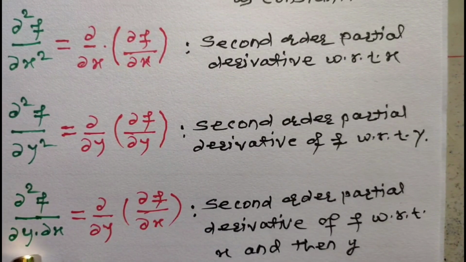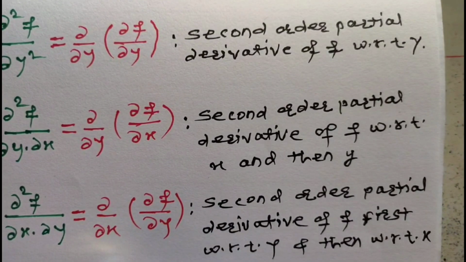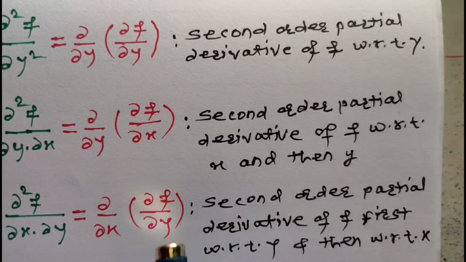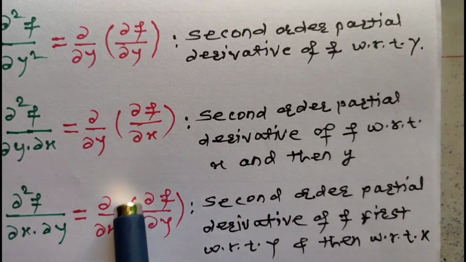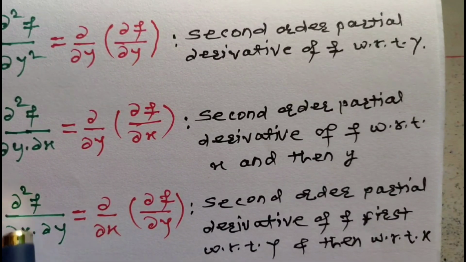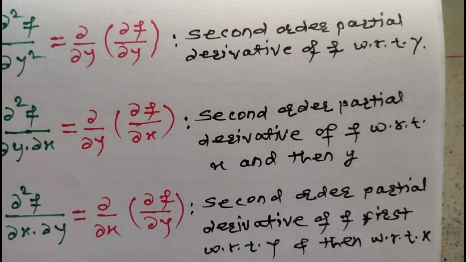That gives dou 2f by dou y dou x, the second order partial derivative of f with respect to x and then with respect to y. And the next one is dou 2f by dou x dou y. First find the partial derivative of f with respect to y and then partially differentiate dou f by dou y with respect to x. That gives dou 2f by dou x dou y. This is also a second order partial derivative.